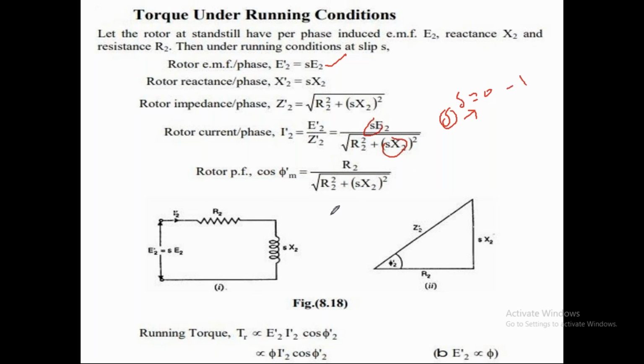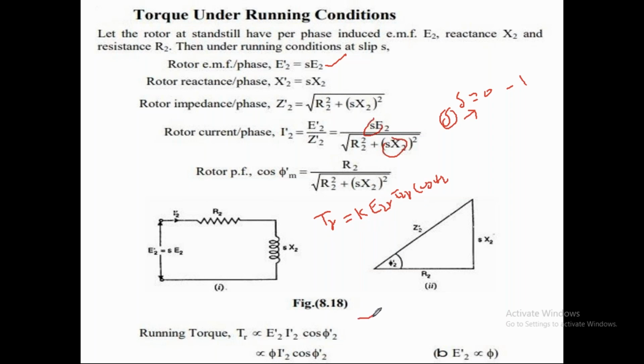Now from the torque equation at running condition, TR is equal to K, the proportional constant, times E2R I2R cos phi 2R. Now we substitute into this equation.